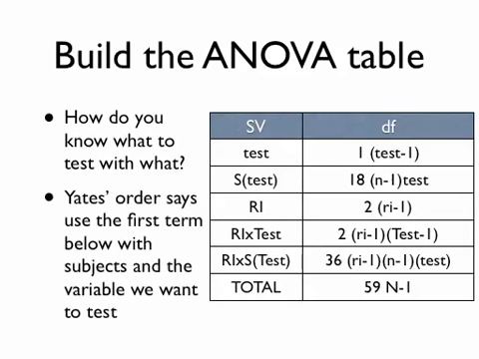This is called Yates' order, discovered by Frank Yates, who was one of the people that developed analysis of variance along with Fisher. Yates' order says the term below the first, the one with the subjects in it, is going to be the error term. It's between, subjects, within. You'll be saying between, subjects, within the rest of March.